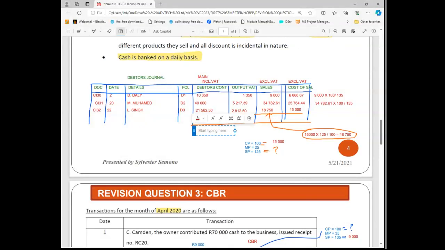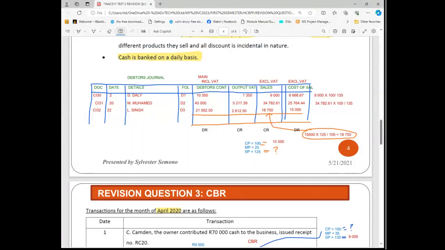So the main account will be DR and the rest is CR, except for cost of sales, which is DR.